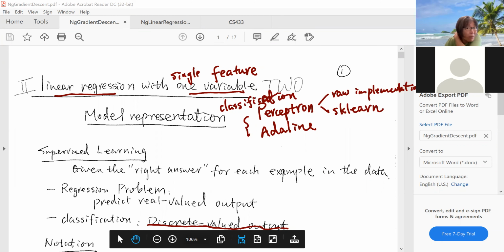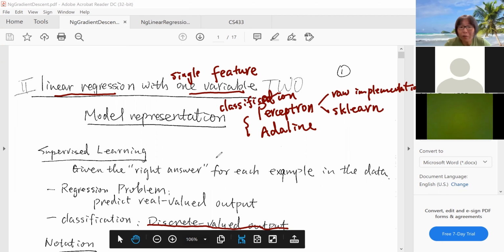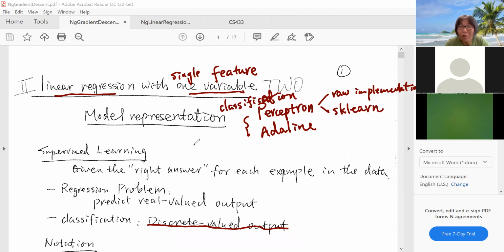Okay, and in applications, a lot of the time we also want to predict a real valued or continuous value output, not like whether it is this kind of flower or the other kind of flower.